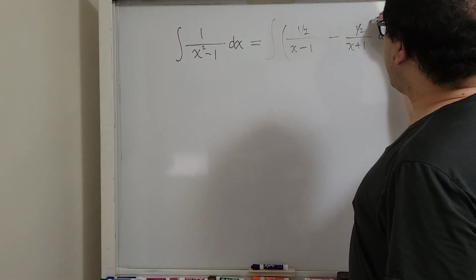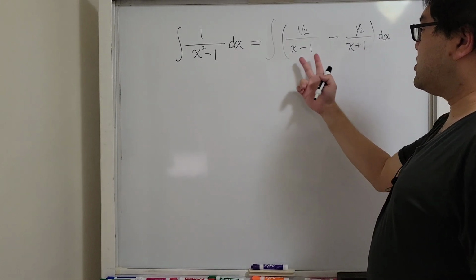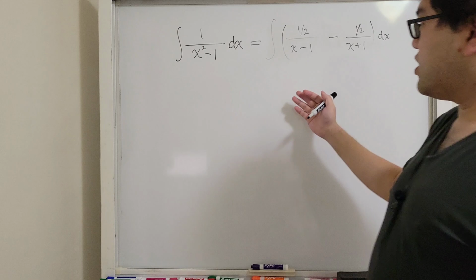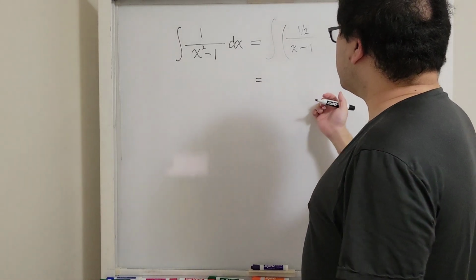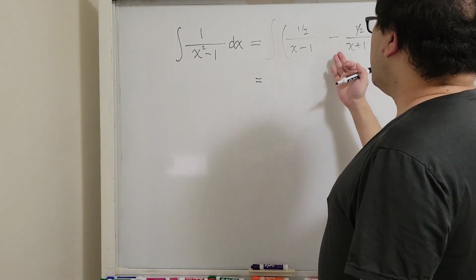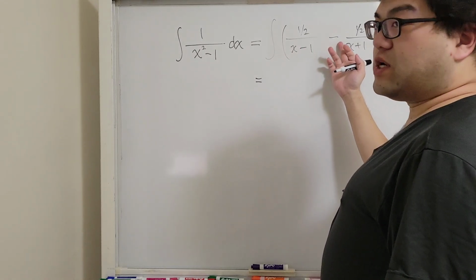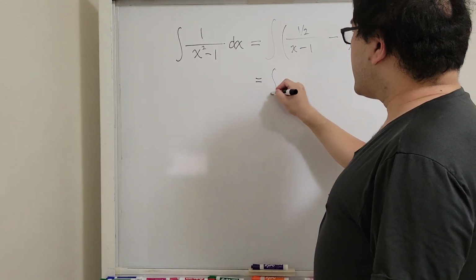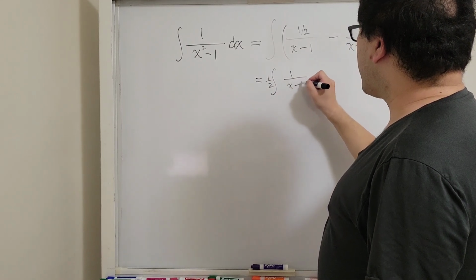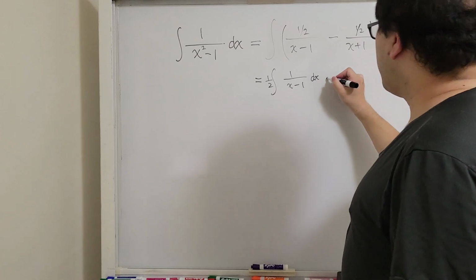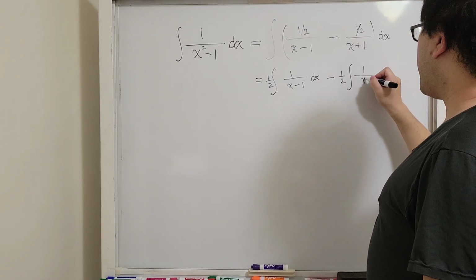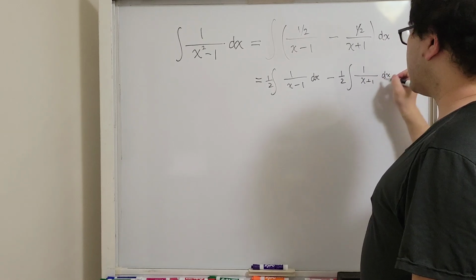And now we actually have two rational functions where the denominator is just a degree 1 polynomial. So what can we do? Well, now we can break it into two parts since there's a minus sign here, so that we actually get 1/2 of the integral of 1 over x minus 1 dx minus 1/2 of the integral of 1 over x plus 1 dx.